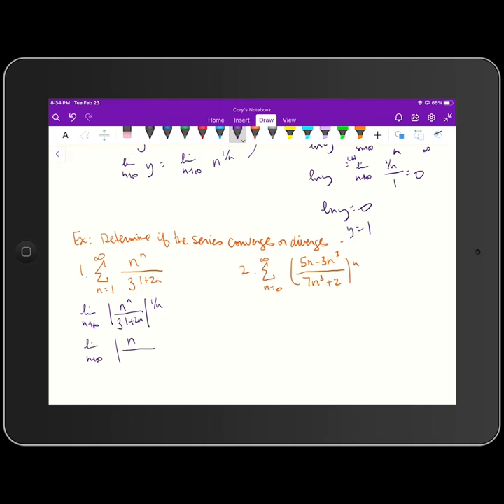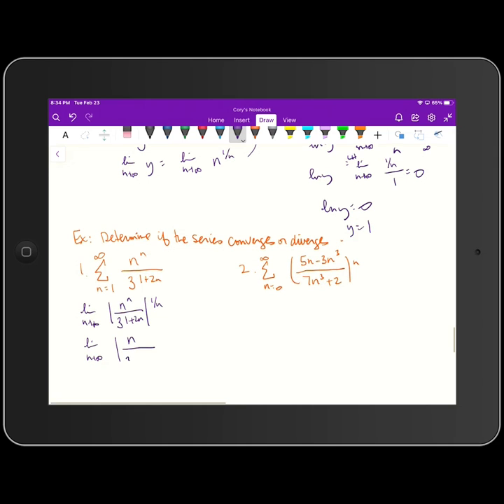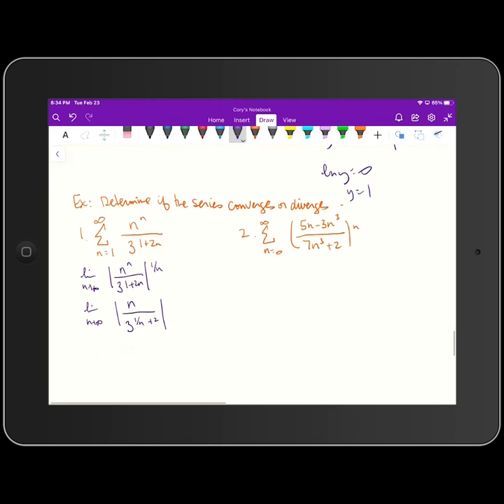And then on bottom, when I distribute the exponent 1 over n across both of those terms in the power in the denominator, we get 3 raised to the 1 over n power plus 2. As n gets big, that numerator is going to go to infinity.